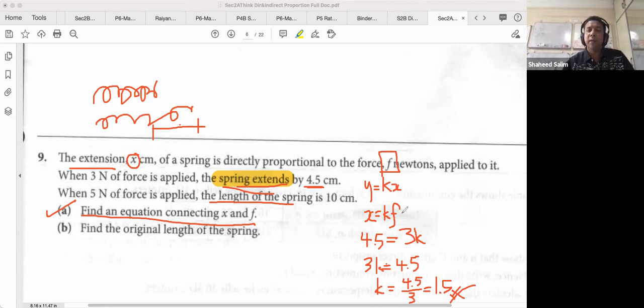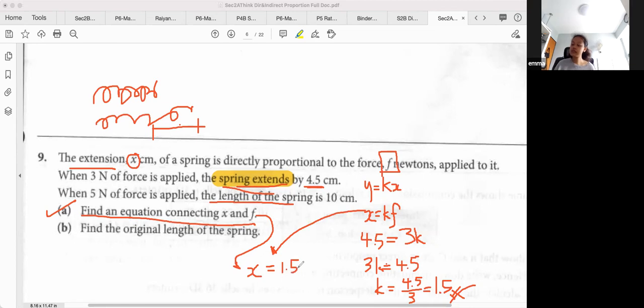And what is the formula? Down here we have to write. Notice you must use the letters given. Just now you use n. There's no n here. So this is the formula, right? X equals to kf. But we already know what k is. 1.5 f. Okay?